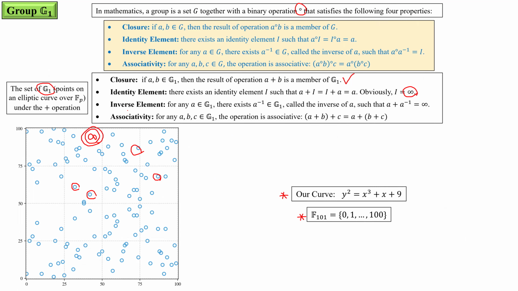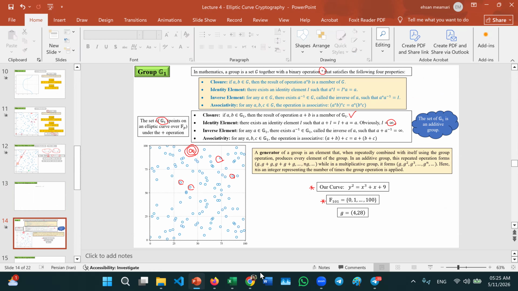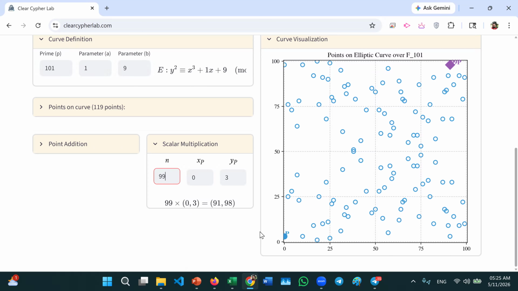The third property is the inverse element, and it says that for any element, you need to have another point in the group that, when you add it to the original point, the result equals infinity. So let's check in the website to see if we can find the inverse of an element here or not.